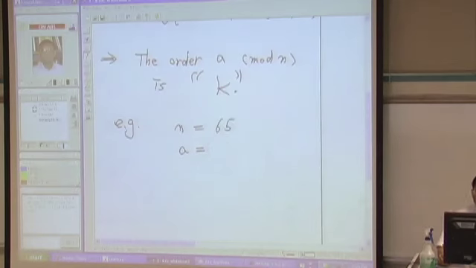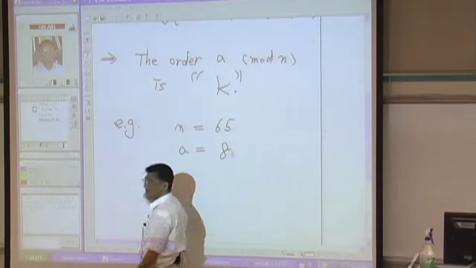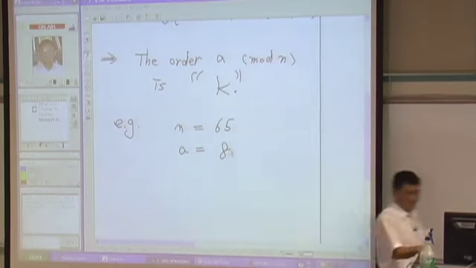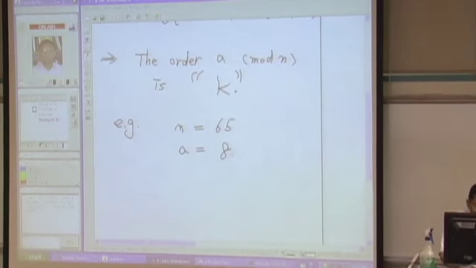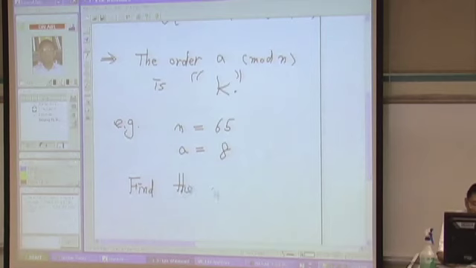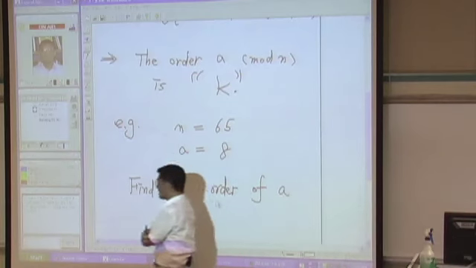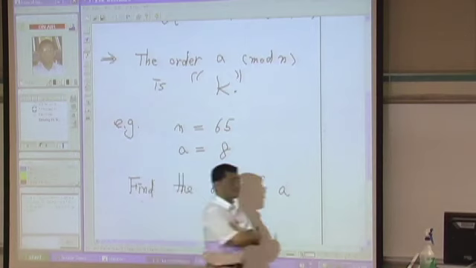And any number relatively prime to it can be chosen. 8, right? Do you like 8? So 8. Then my question is this: find the order of A mod n. In other words, find the order of 8.